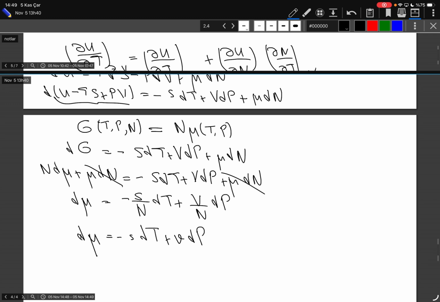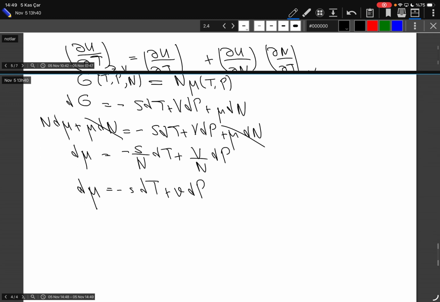But d mu, then, if this is the differential of mu, the derivative of mu with respect to temperature at constant pressure is nothing but minus the entropy per particle, and the derivative of mu with respect to pressure at constant temperature is nothing but the volume per particle.